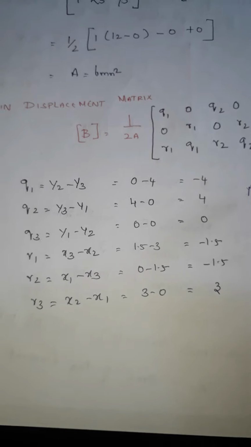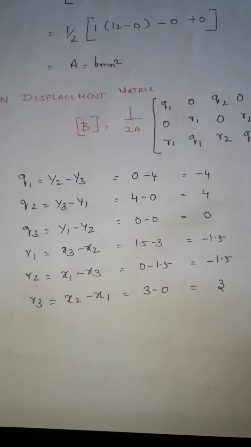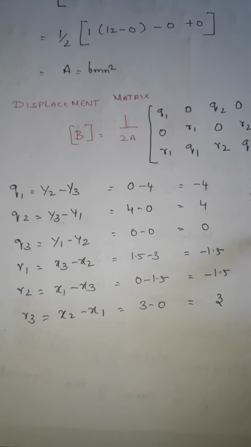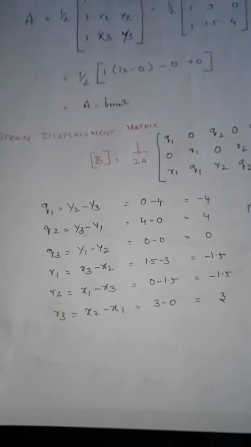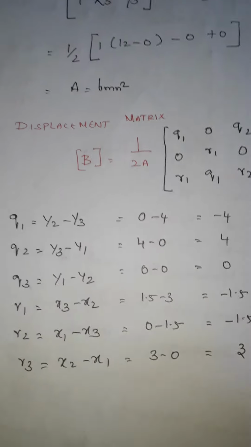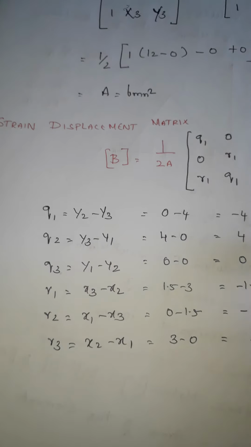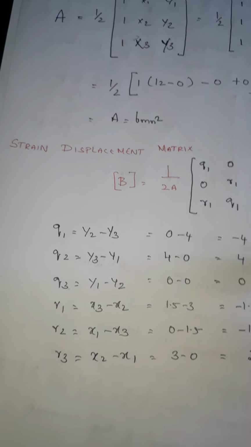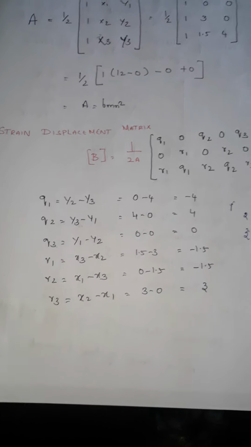Now if you want to find out q2, keep 2 here, y3 minus y1. Now if you want to find out q3, keep 3 here and look at y1 minus y2. So again, if you want to find q1, keep 1 fixed, don't forget this, remaining 2 3, so y2 minus y3. And when you want to find q2, keep 2 fixed, y3 minus y1. In that way we have to find out, and the x coordinate will be exactly opposite to the y coordinate.